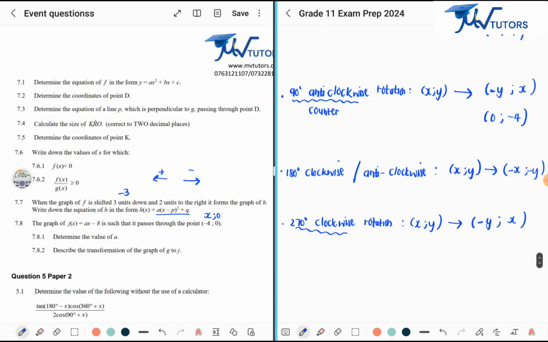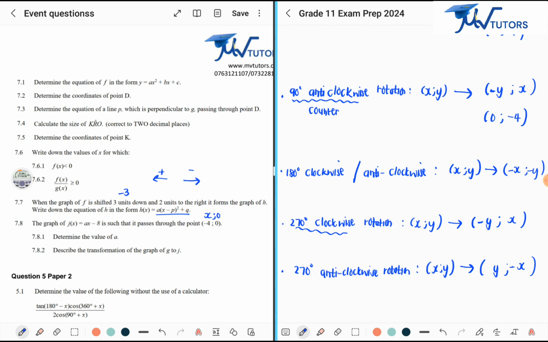And then if we have 270 degrees anti-clockwise rotation, what would happen there? You have your (x, y) coordinate, but now again, the x and the y swap, and in this case, the x gets the negative.